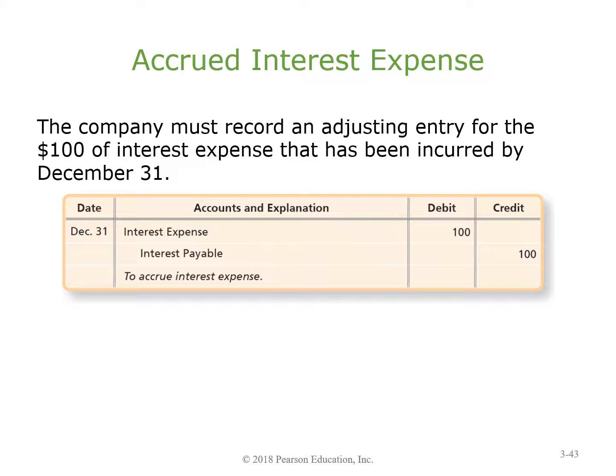Remember, I told you that an accrual always involves a payable. Let me clarify that. Accrued expenses always involve a payable. And as you can see here, we have a payable in our adjusting entry, in our accrual entry.